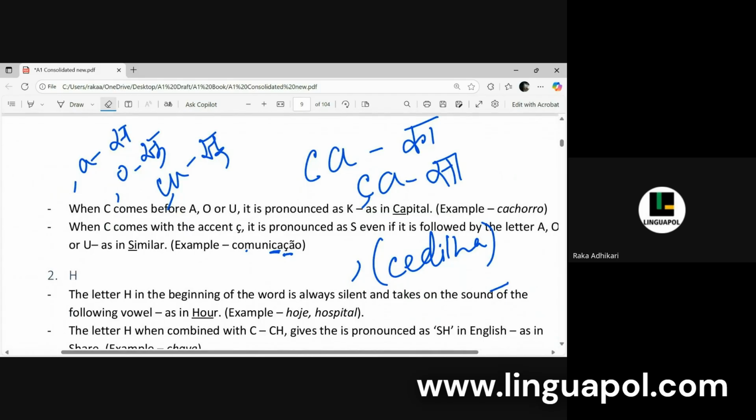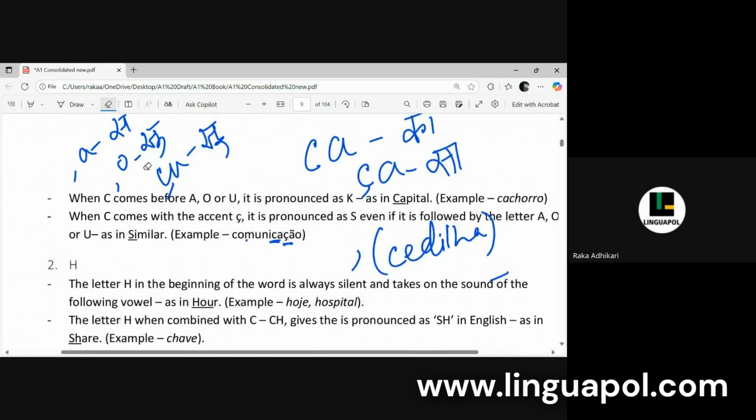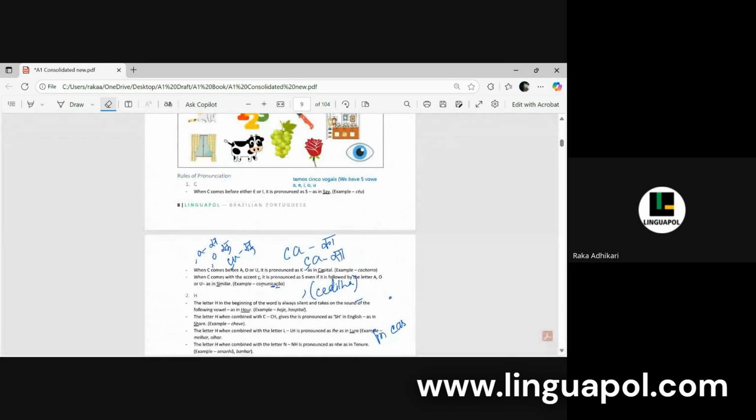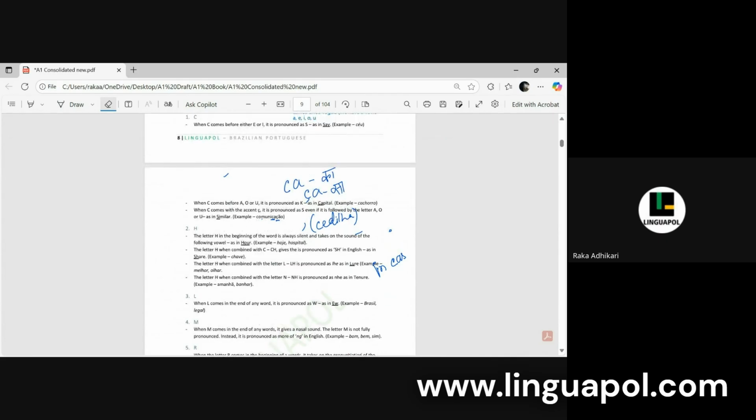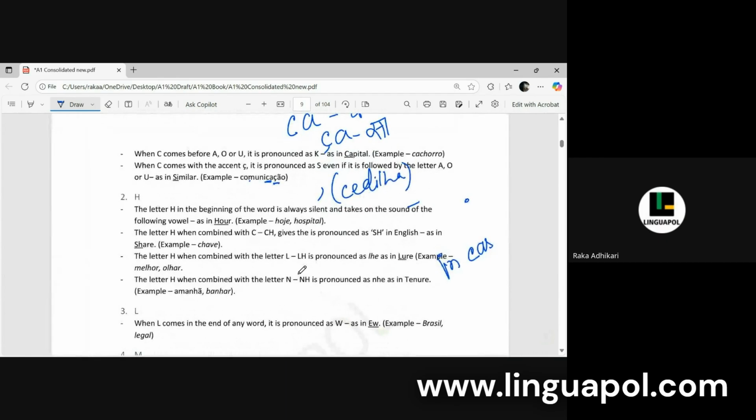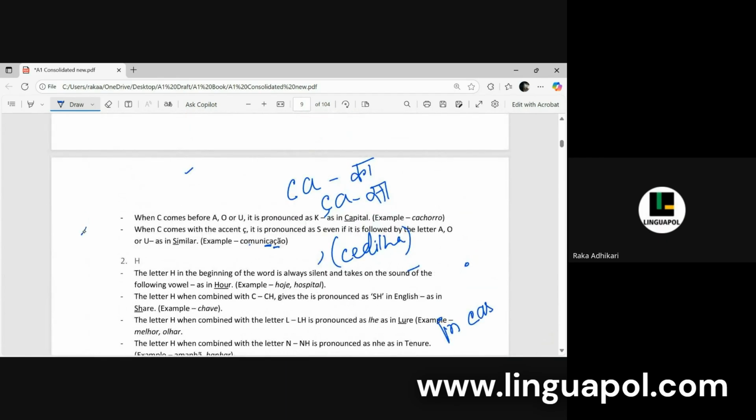So let us see some examples like this. Estação. Estação means season. It can also mean station.